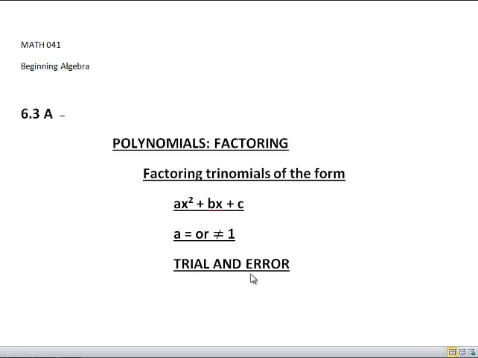This is going to be called the trial and error method, because we're going to start with ax squared plus bx plus c as our product. We're going to find two factors of the form something x plus something in parentheses, and another parentheses with something x plus something, or something x minus something. Those two factors are going to multiply together to give us our product.